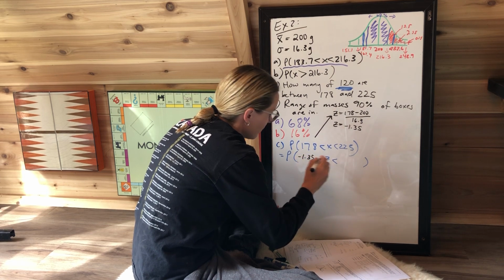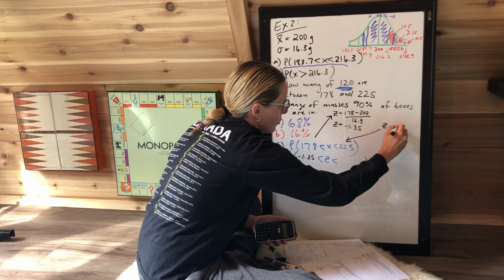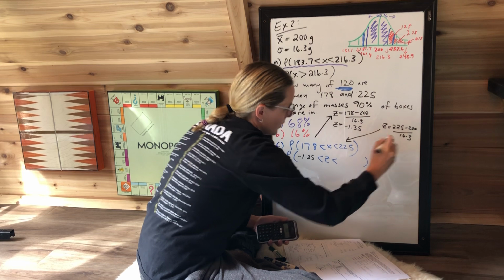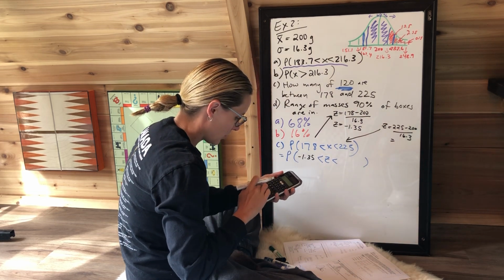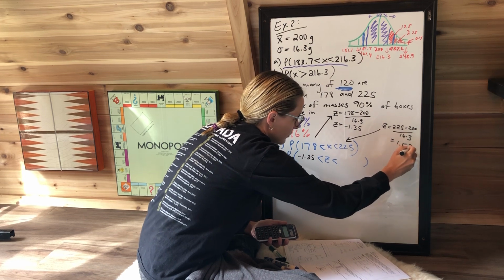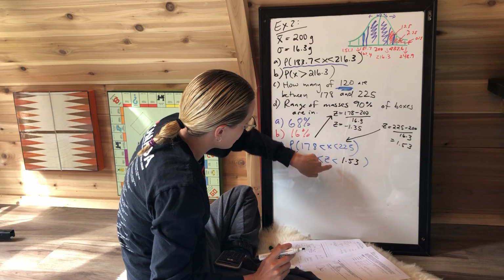So that goes there. And then this Z value can be found doing the same thing, 225 minus 200 over 16.3. So 25 divided by 16.3. And I get this one to be 1.53. Okay, so 2 calculations to find the 2 z-scores.